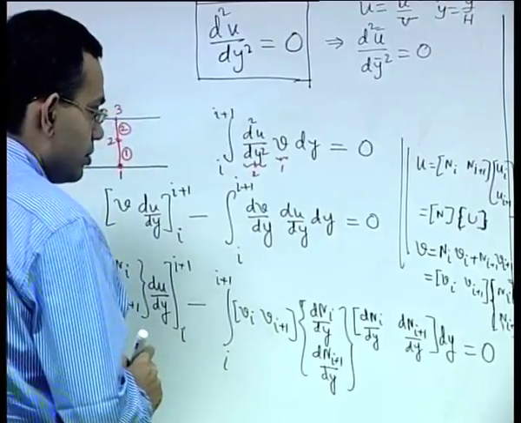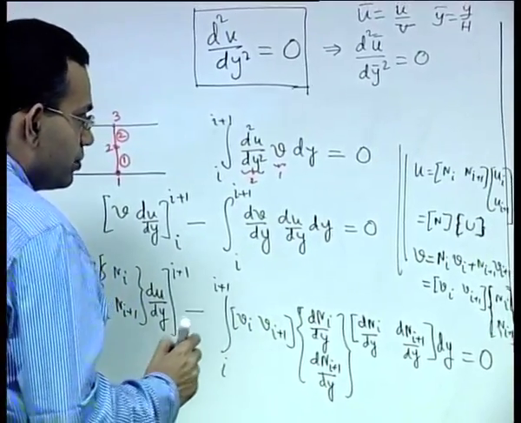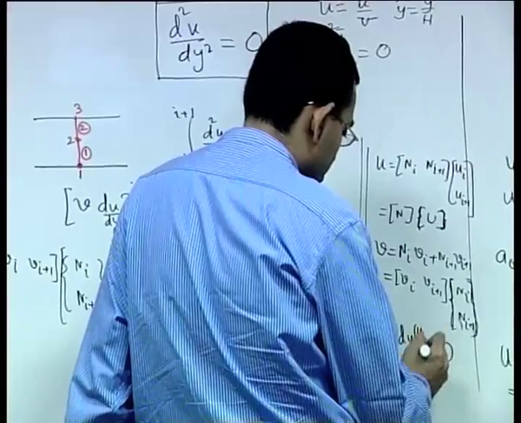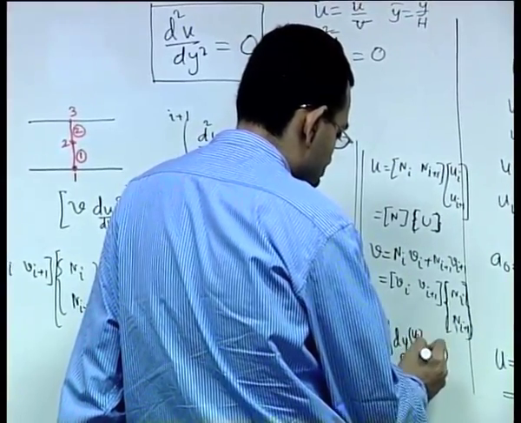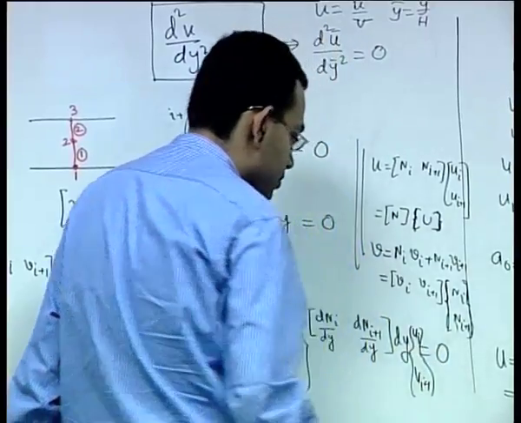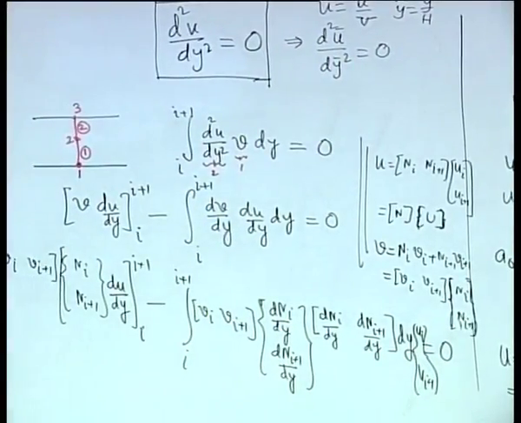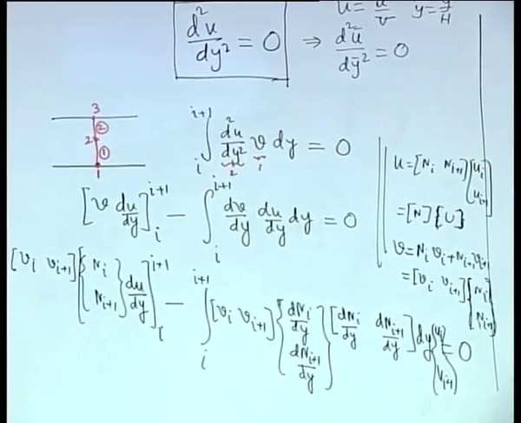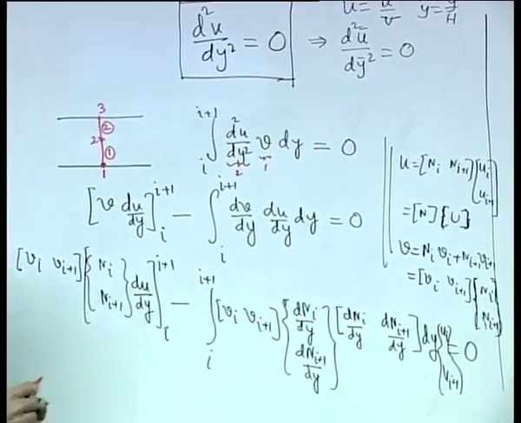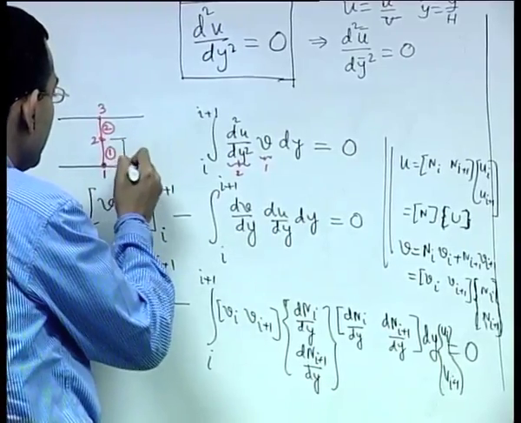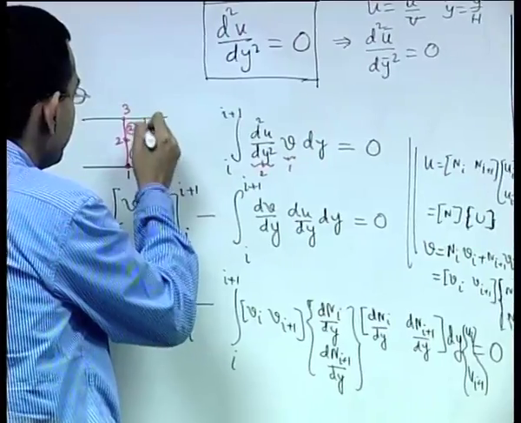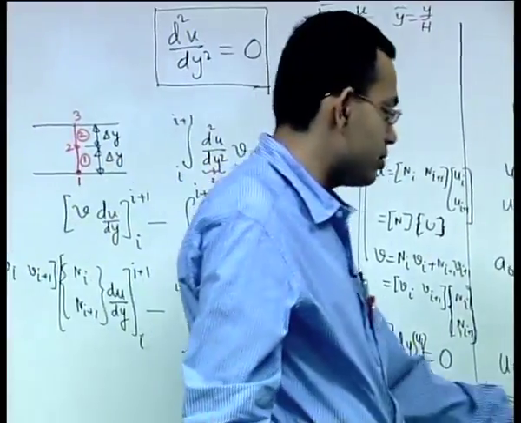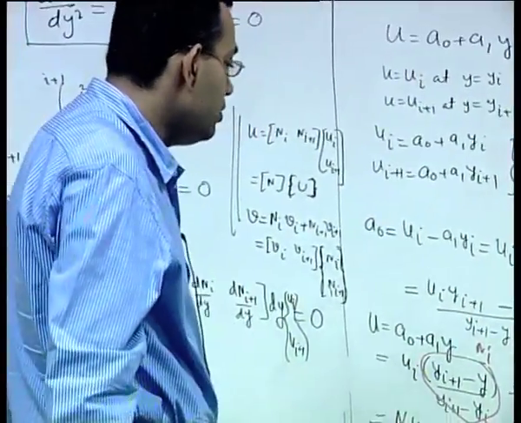Into ui, ui plus 1, which are your unknowns that you need to solve. Now, considering that each element has length delta y, that is yi plus 1 minus yi equal to delta y.